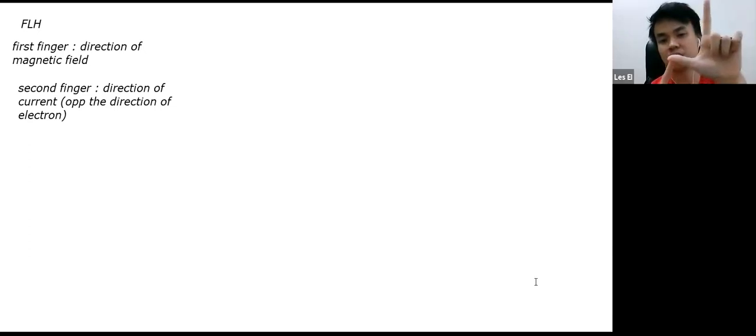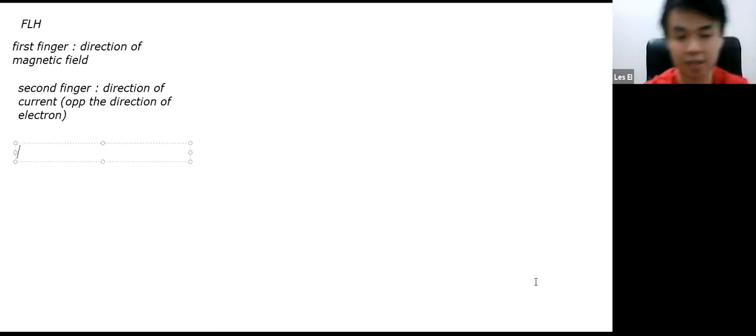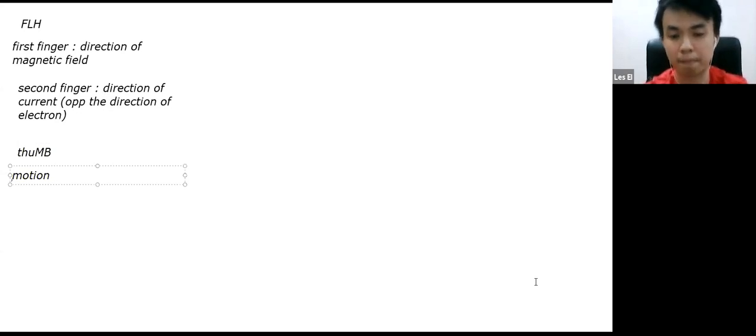We just use your thumb and your first finger. Your second finger's direction is the same as the direction of the palm. Okay. So the thumb represents the motion, which here is the magnetic force motion.